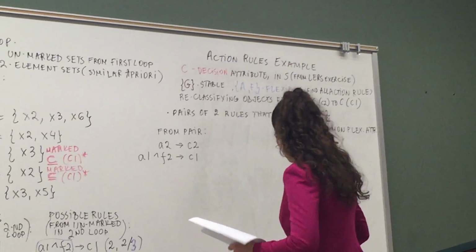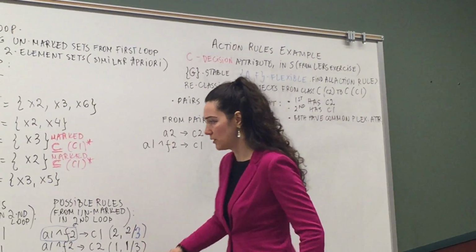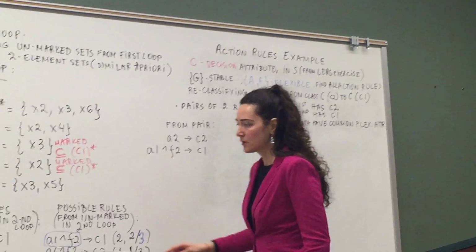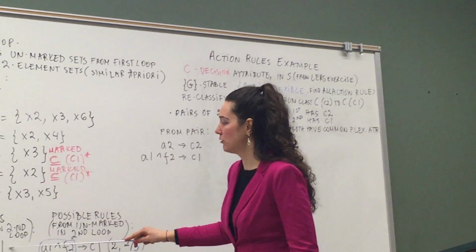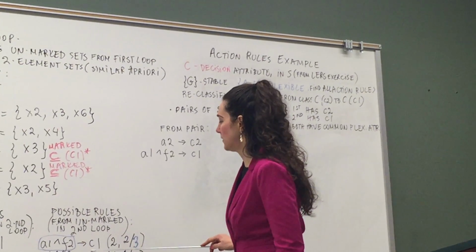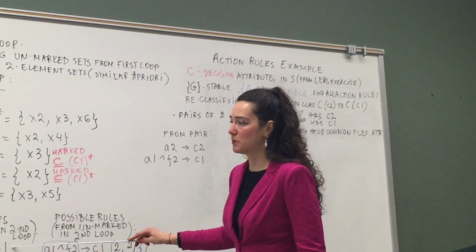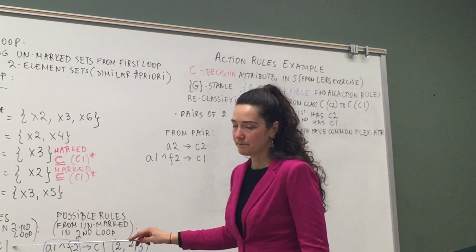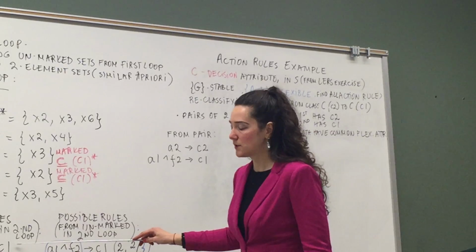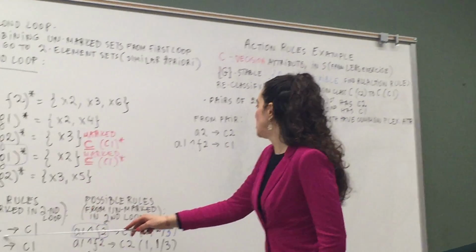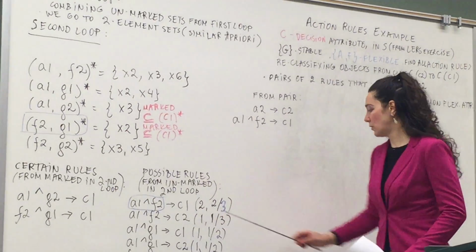I'm supposed to be using here the certain rules. So I'm going to use this rule instead of that one because that is a possible rule. So I want to use the rules with the 100% confidence just to produce higher confidence action rules. So A1 and G2 implies C1.